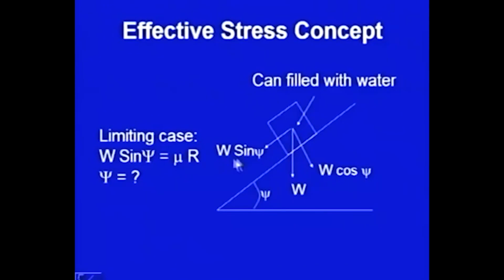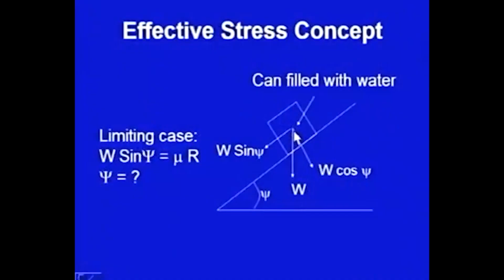And this component W sin psi is trying to destabilize this body. When the limiting case is reached, when this psi value has reached its maximum value, the frictional force developing at the interface will be equal to R into mu, and R will be equal to W cos psi.